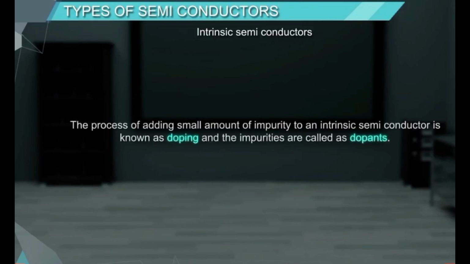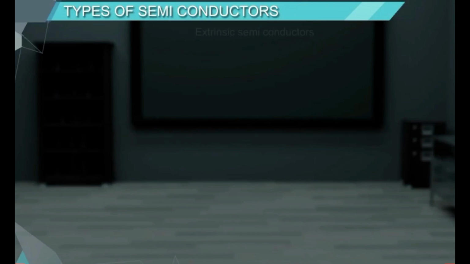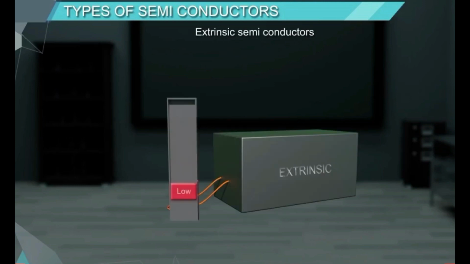The process of adding a small amount of impurity to an intrinsic semiconductor is known as doping, and the impurities are called dopants. Extrinsic semiconductors. The semiconductors which are formed by adding impurity to an intrinsic semiconductor are known as extrinsic semiconductors.